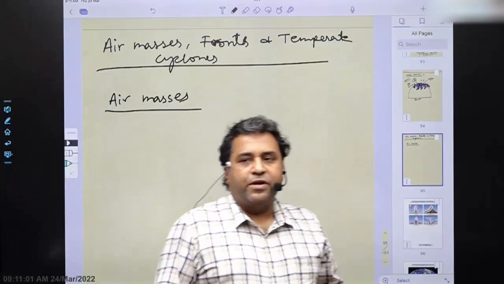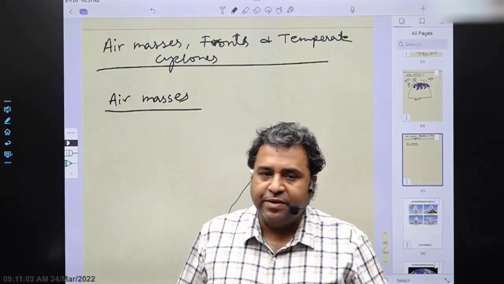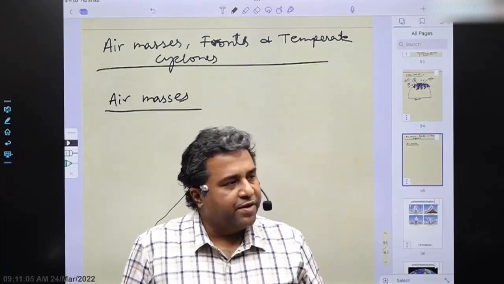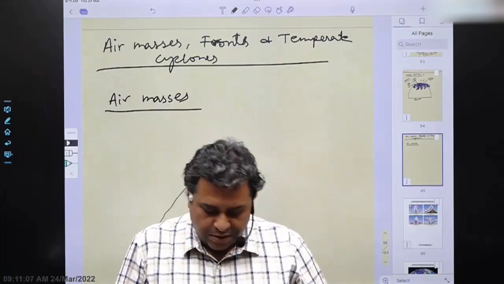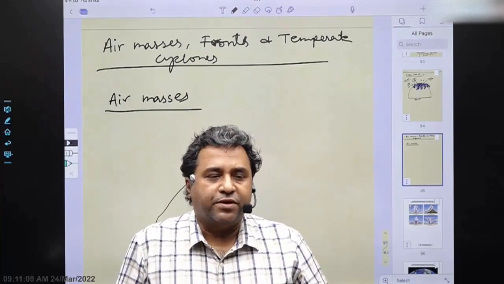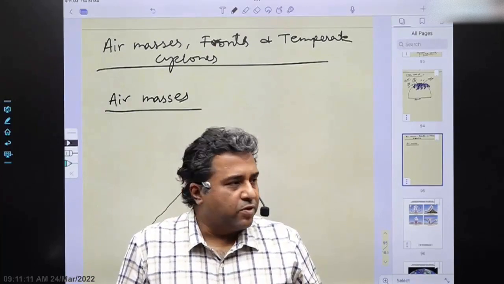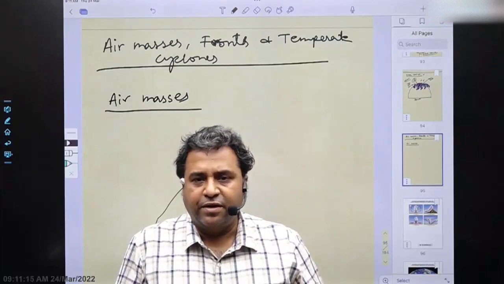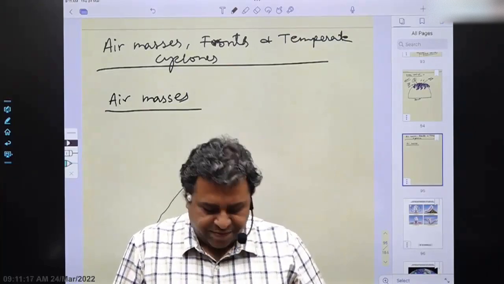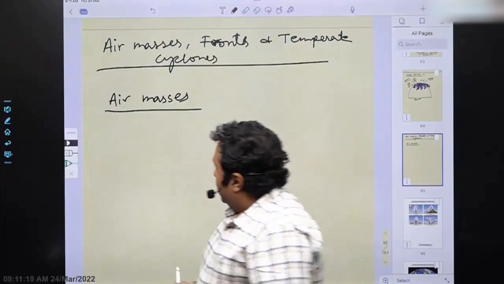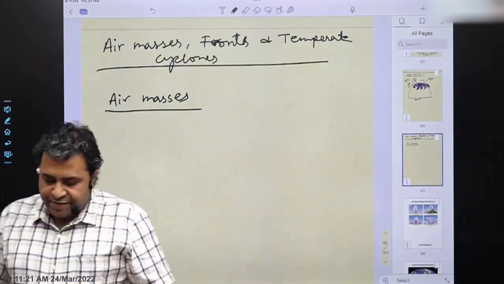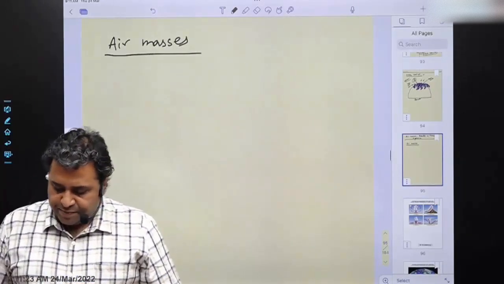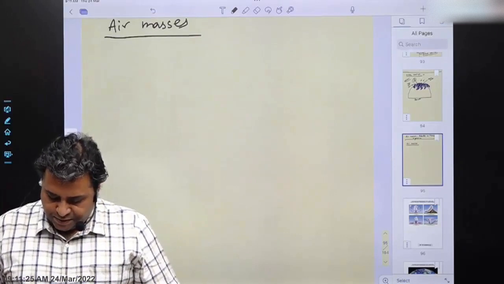And if the warm air mass goes to a colder region, it can make the region relatively warmer and vice versa. ठीक है ना? ऐसा याद होगा. And there we also wrote what an air mass is. Air mass could be a big parcel of air having relatively uniform temperature and temperature condition. This is what we have written. So let us try to slightly further understand what we mean by air masses.